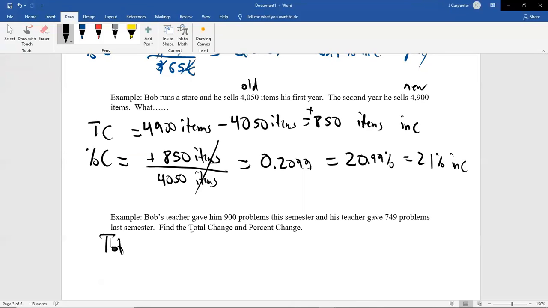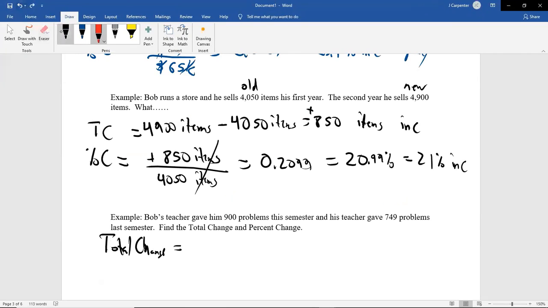So our total change is going to be the new minus the old. And you might get in this pattern of thinking, oh, well, the new is the second and the old is the first. But I worded this problem specifically to throw you off because that's how the last 4 or 5 have been.